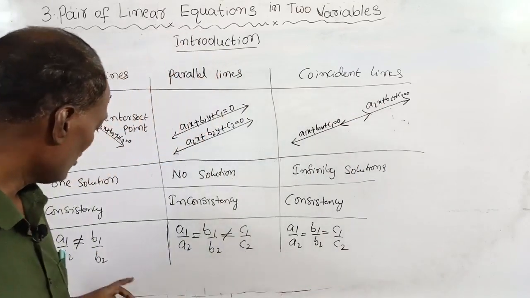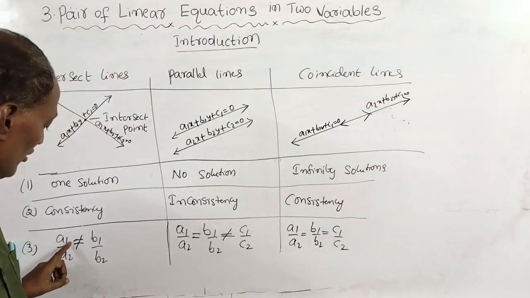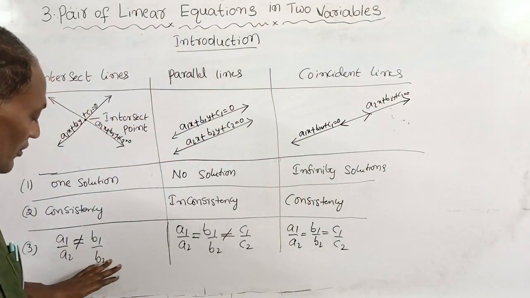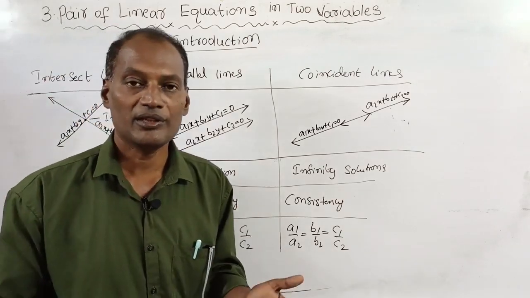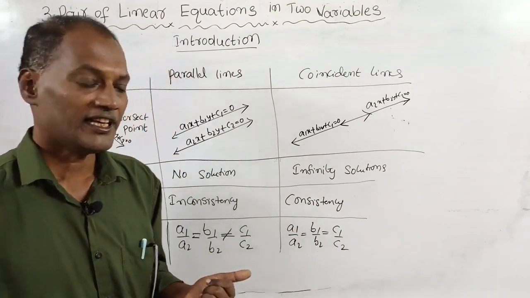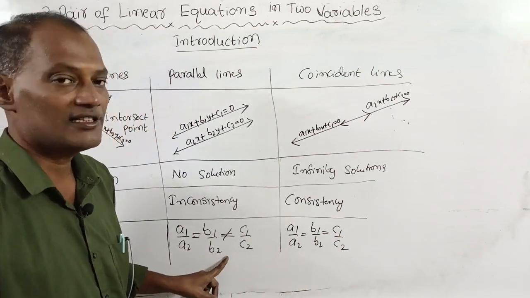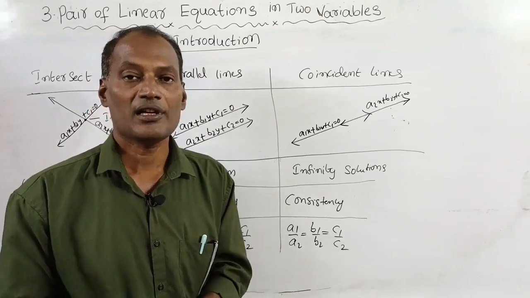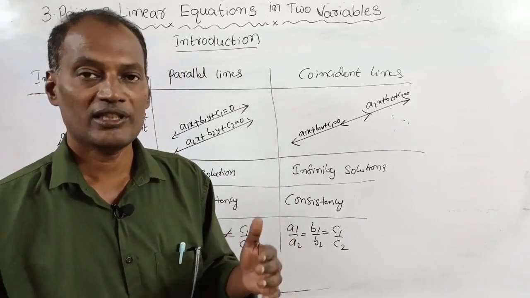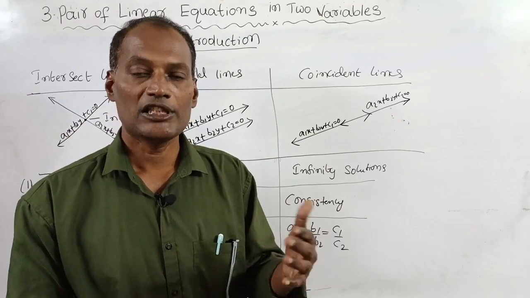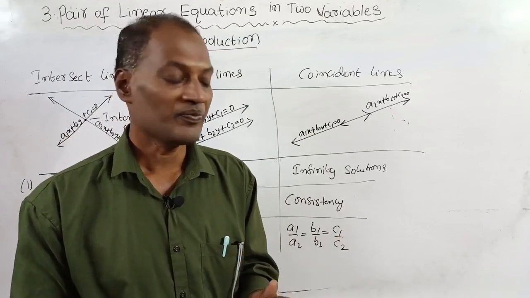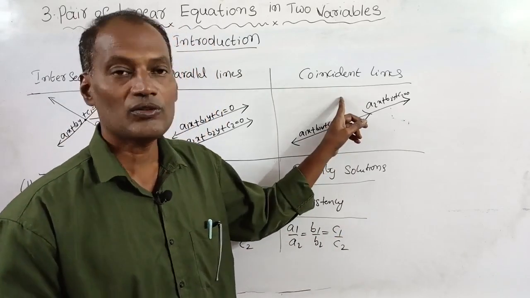We can make A1 by A2 equal to B1 by B2. If the values are the same but not equal to C1 by C2, we can call these parallel lines. If all values are the same, A1 by A2 value, B1 by B2 value, and C1 by C2 value are all the same, then we can call these coincident lines.